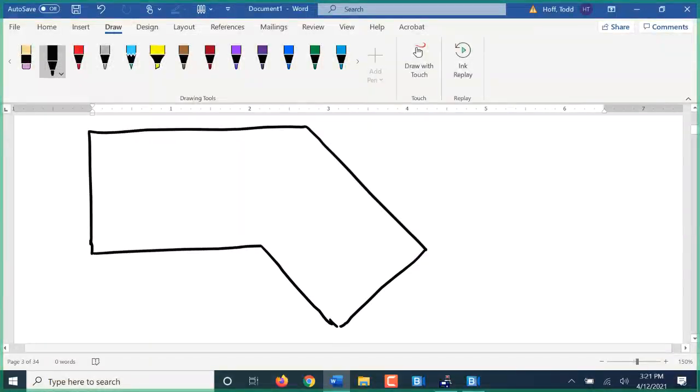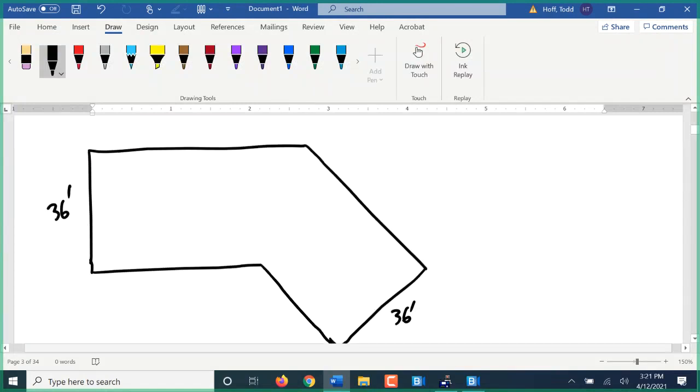Now this first one I'm going to do, I'm going to say this here is 36 feet. This over here is also 36. I am going to say this length up here, this wall, about 72.